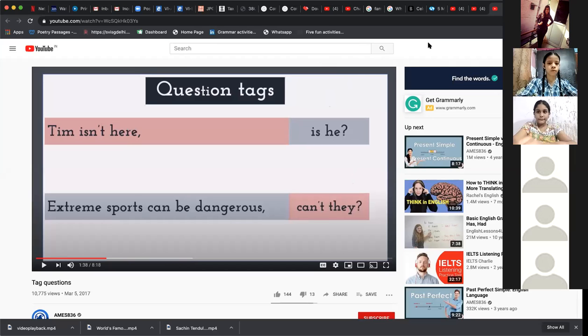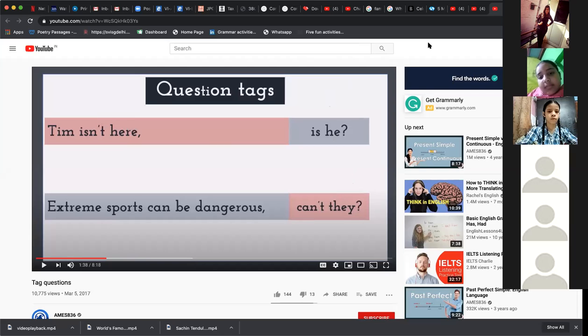Yes, Vanshika. Ma'am, I did not understand the agreement term. Agreement means that you agree. You will say yes or no with the statement. If I say Vanshika is speaking, isn't she? It is a fact that Vanshika is speaking. Who are listening will say yes, but those who are not listening will say no. Agreement means the line is given a fact.